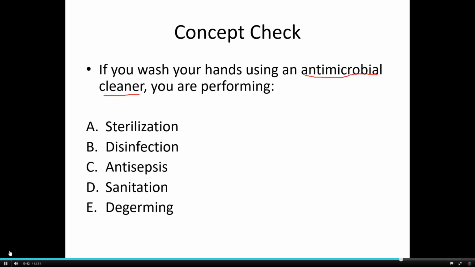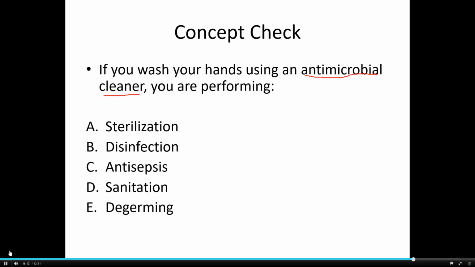Because it has that additional chemical, the correct answer to this question is C, antisepsis. It's being used on living tissue, and it actually has an agent in there that is killing the microorganisms.